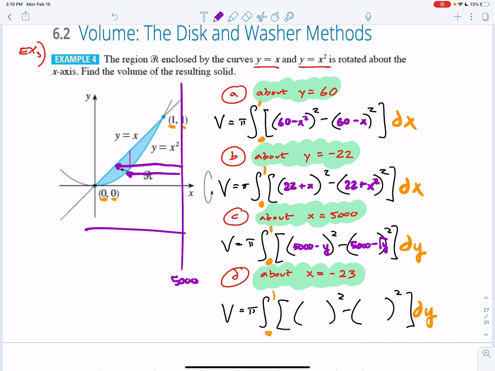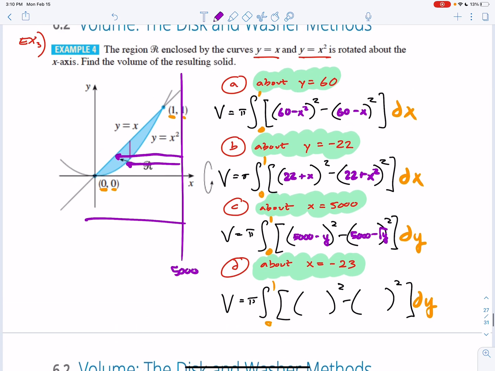All right? Okay, part D. Negative 23 is over here. So that means that we want more. So it'll be 23 plus the square root of y, that parabola. And it'll be 23 plus y in this case, okay?